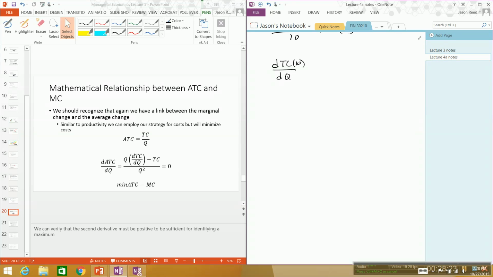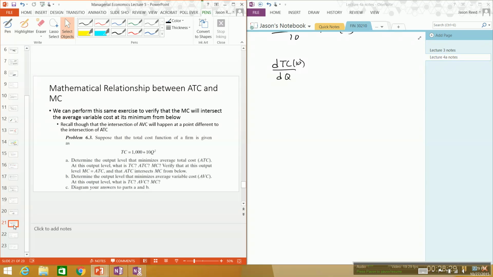And we can do the same analysis for variable cost as well, and I actually urge you to do that. So how do we know that this will be true? And what else do we know? We can perform this exercise to look at average variable cost. And what we do know is that marginal cost will intersect both average variable cost and average total cost from below. And that makes sense.